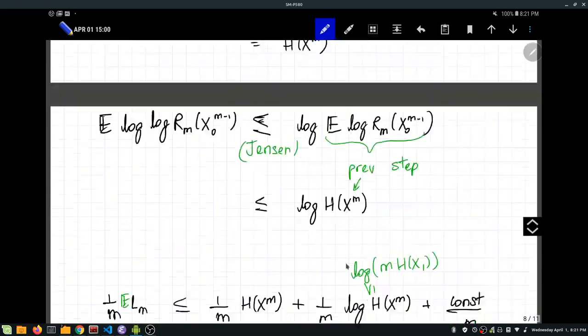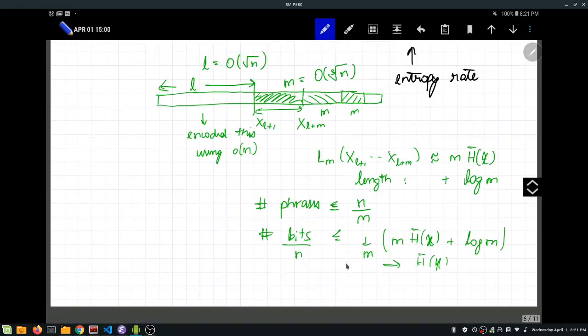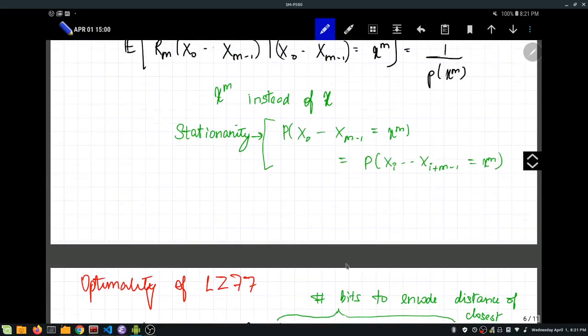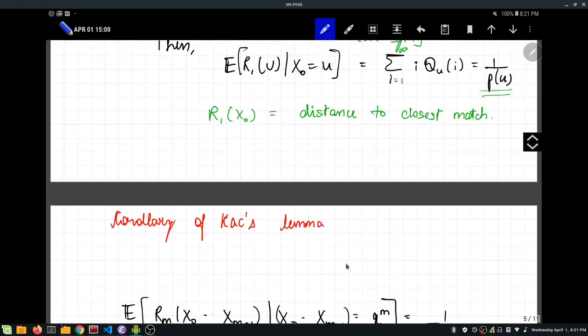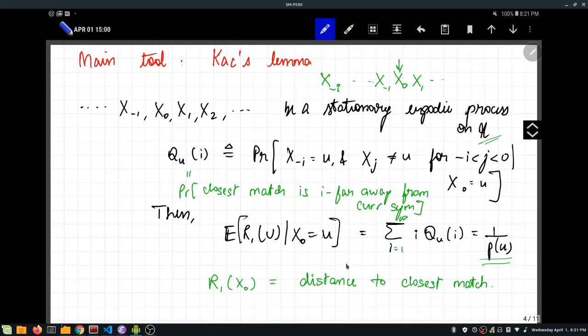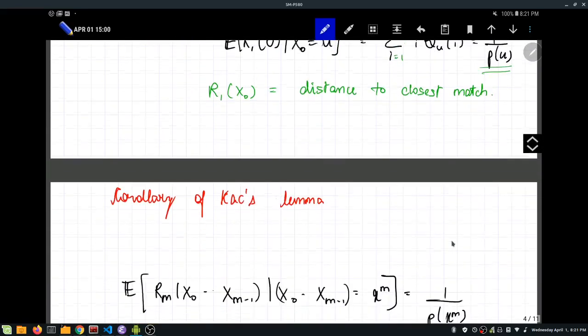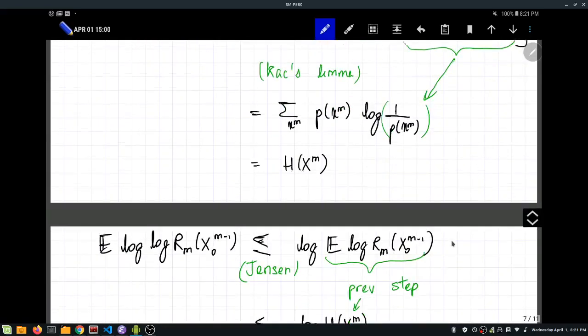And this is exactly what we wanted to prove. So the expectation of R1 of u given X_0 equal to u was simply the sum over all possible L of L times q of L, and that is equal to 1 over p of u.